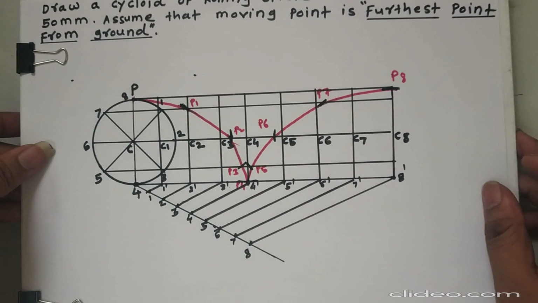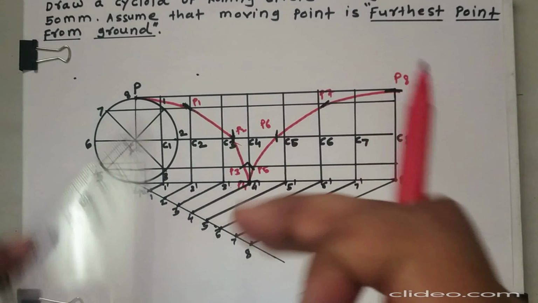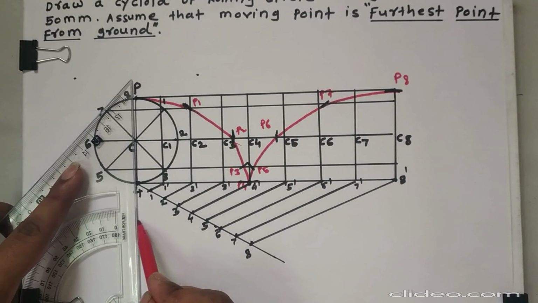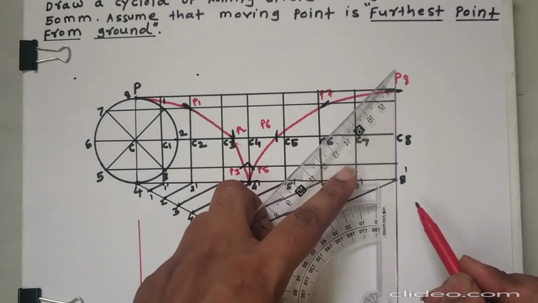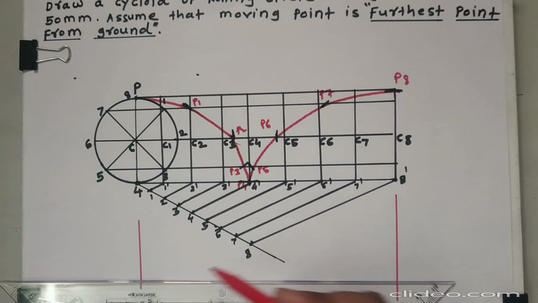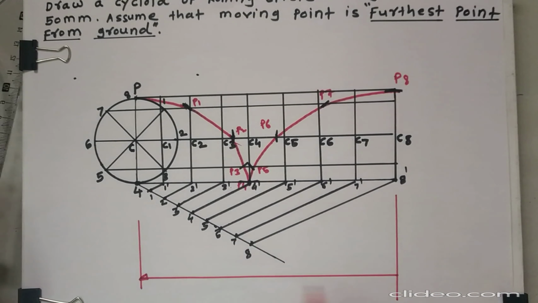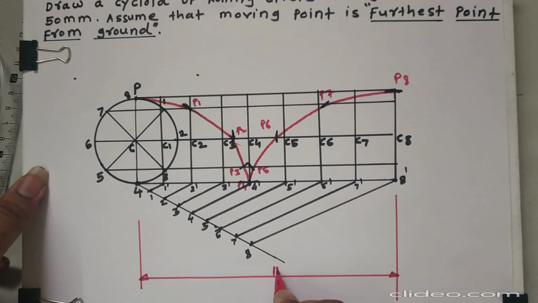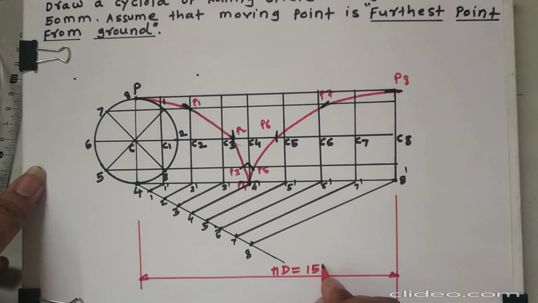After that we need to mention the dimensions. Let's mention the length of this directing line. How much is this? Pi d, which is equal to 157.